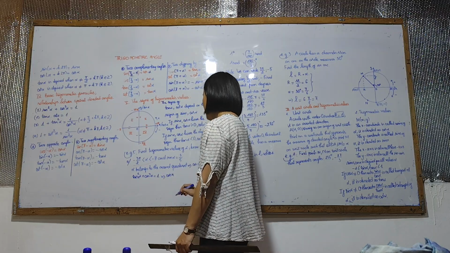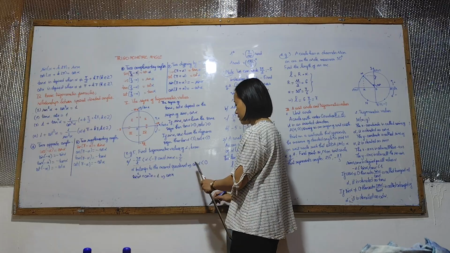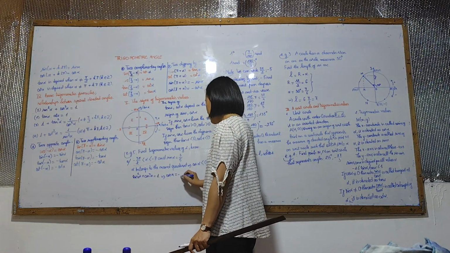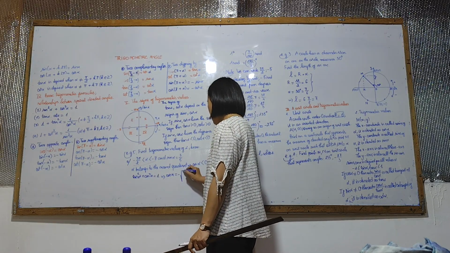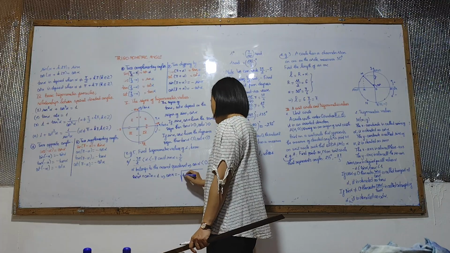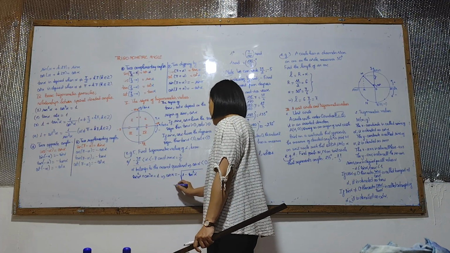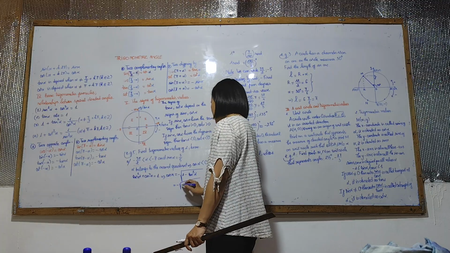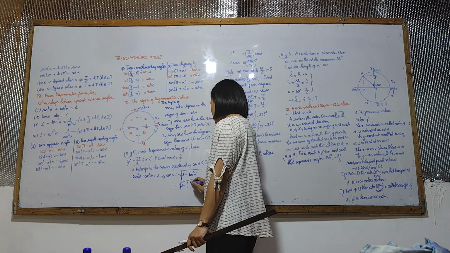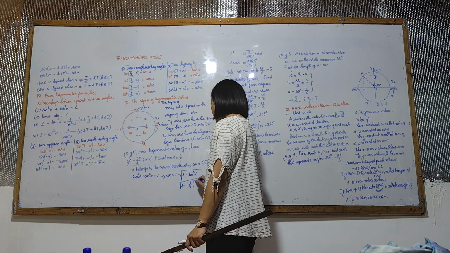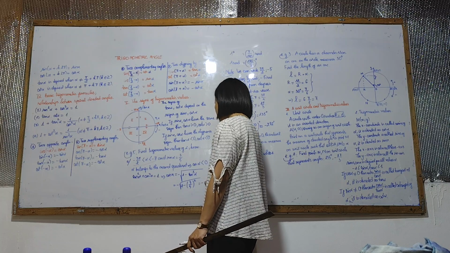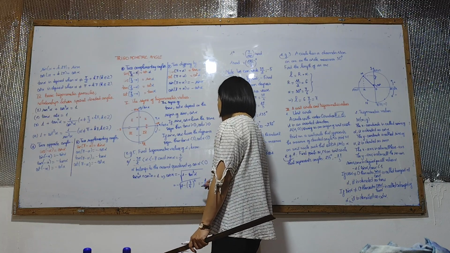Cosine alpha, with the negative sign, is negative square root of 1 minus sine squared alpha, equals negative square root of 1 minus (3 over 5) squared, equals negative 4 over 5.